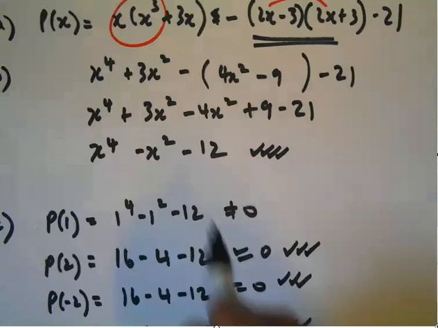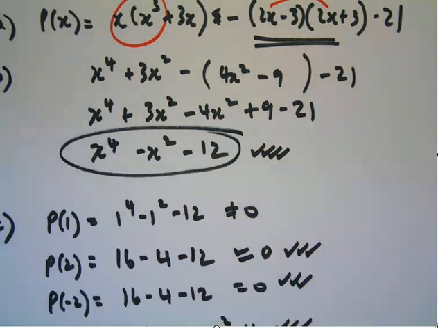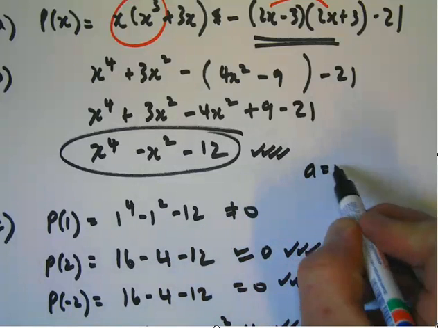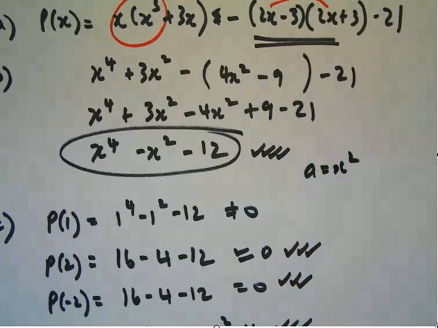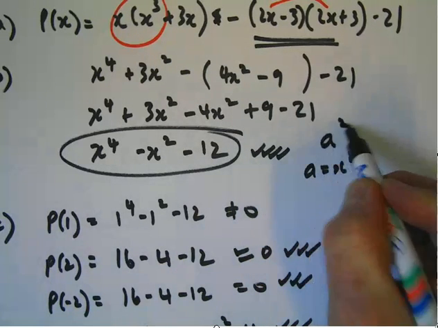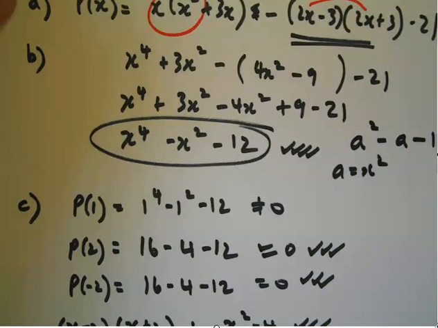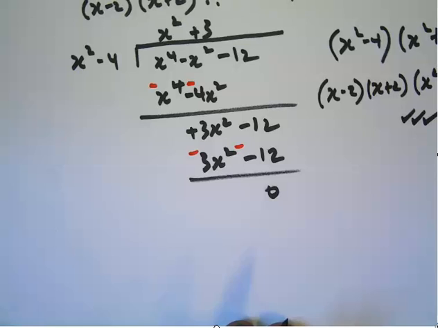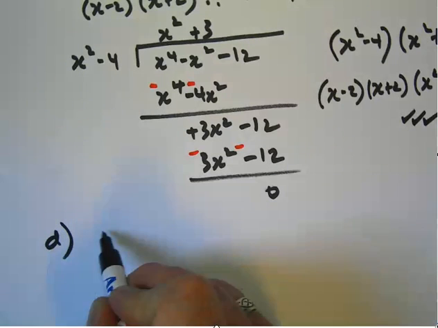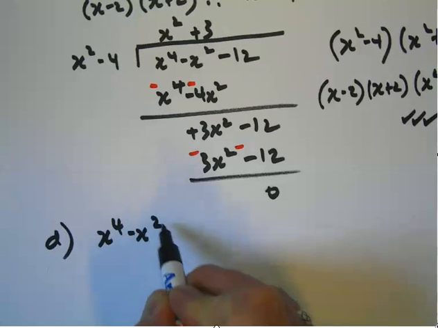So I've actually got this. And I'm going to substitute a for x squared. Therefore it's going to equal a squared minus a minus 12. So in Part D, I've got x to the power of 4 minus x squared minus 12.